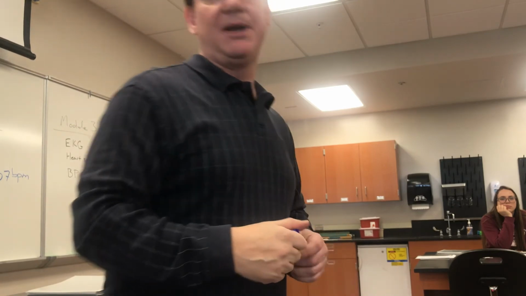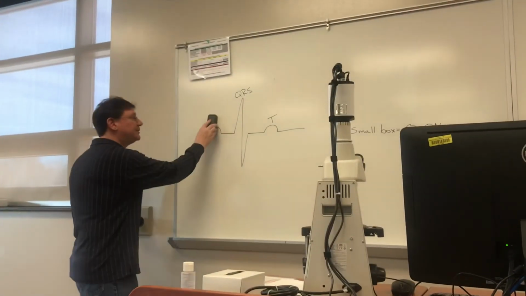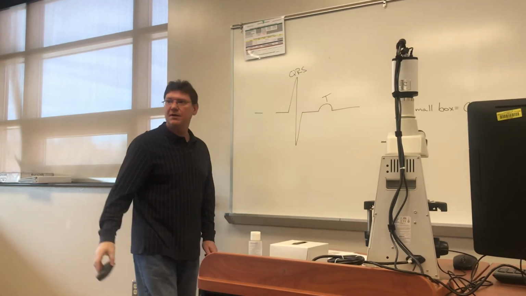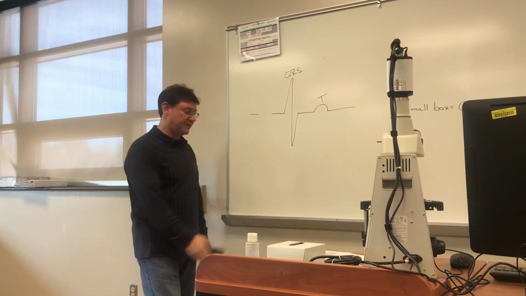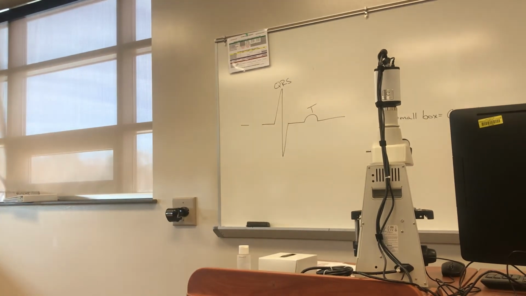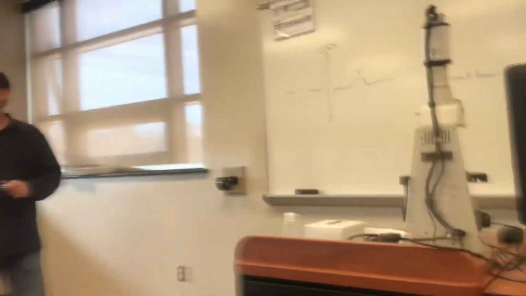I might have one with the P wave missing, and ask you what's missing. That happens. You'll see a QRS and a T with no P. That's the type of stuff.